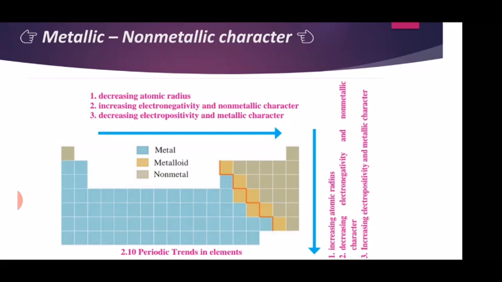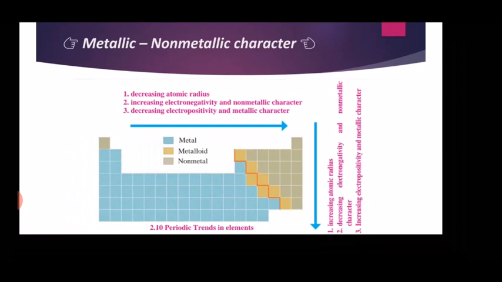The atomic radius increases. The electronegativity and the non-metallic character decrease, and the third one is, the electronegativity and the metallic character increase. This is about the metallic and non-metallic character.